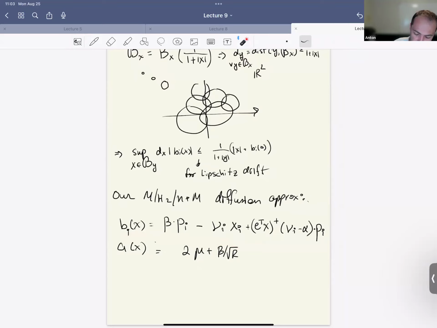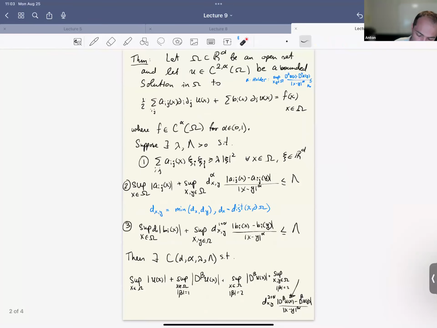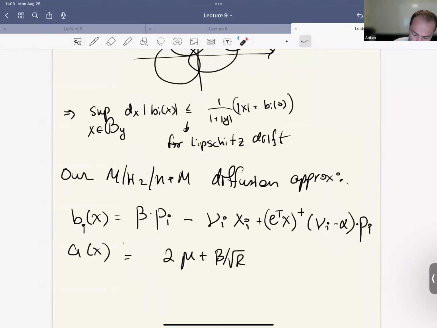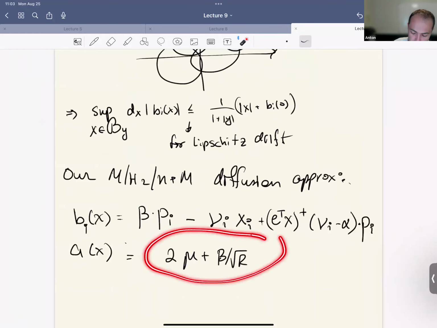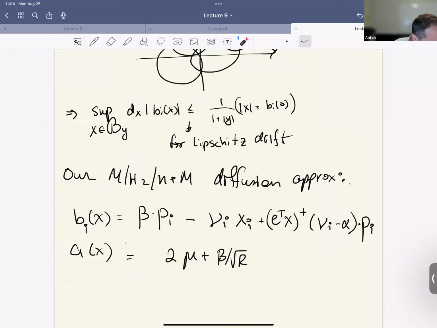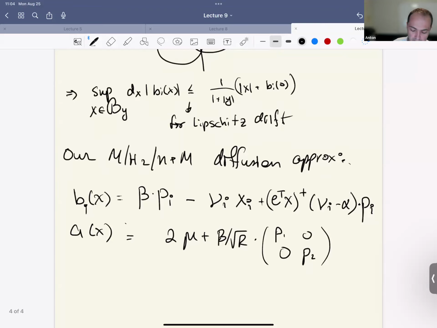Okay, so the first thing is I want to verify the conditions, or I want to look at the data. First things first, the diffusion coefficient matrix is going to be times P1, P2. Now it's a matrix.